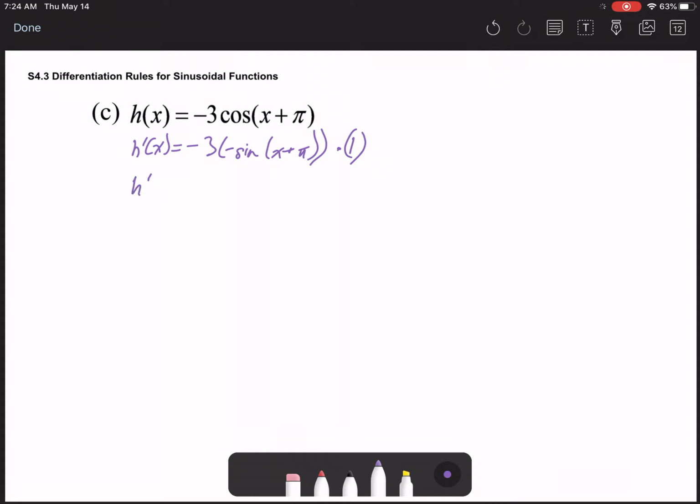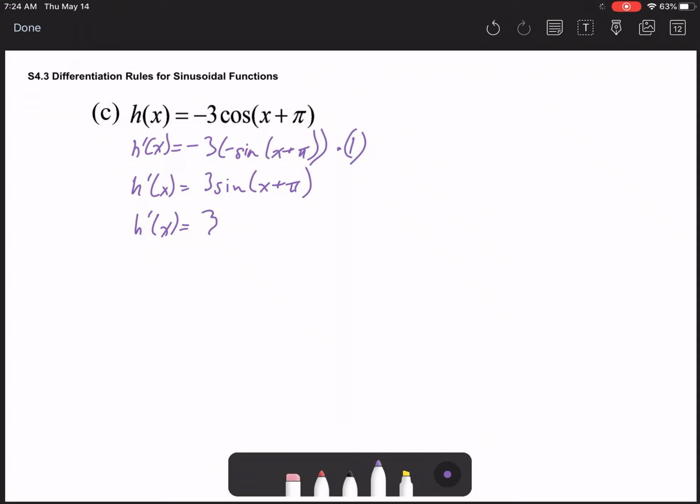So the derivative right here is 3 sine x plus pi. Now, this one we could actually simplify. I'm going to simplify so I get a different solution, because it would be a little easier to work with.